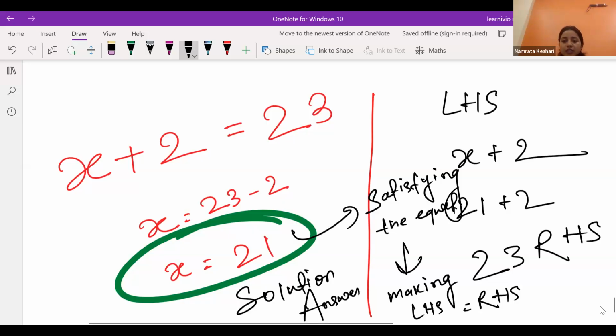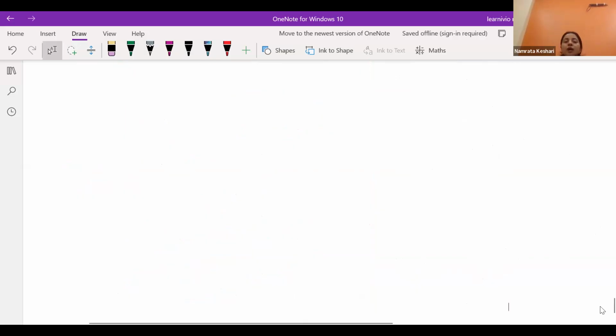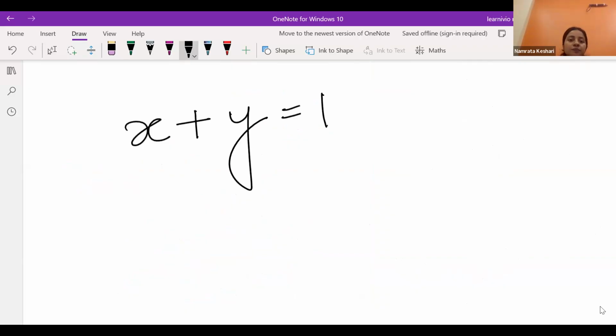Now, if I write a linear equation in two variables, x plus y is equal to 10, and I tell you, let's try finding the solution. You understand, solution means x value and y value.